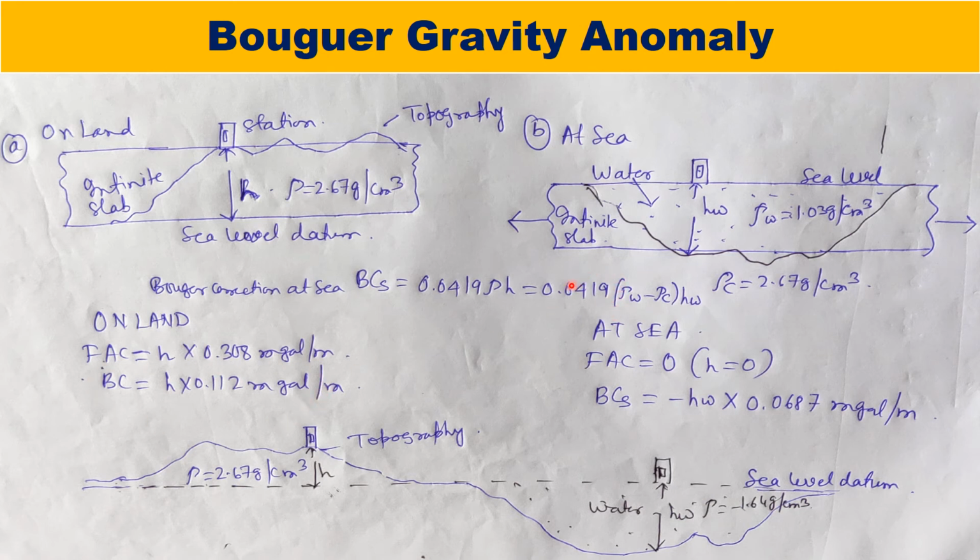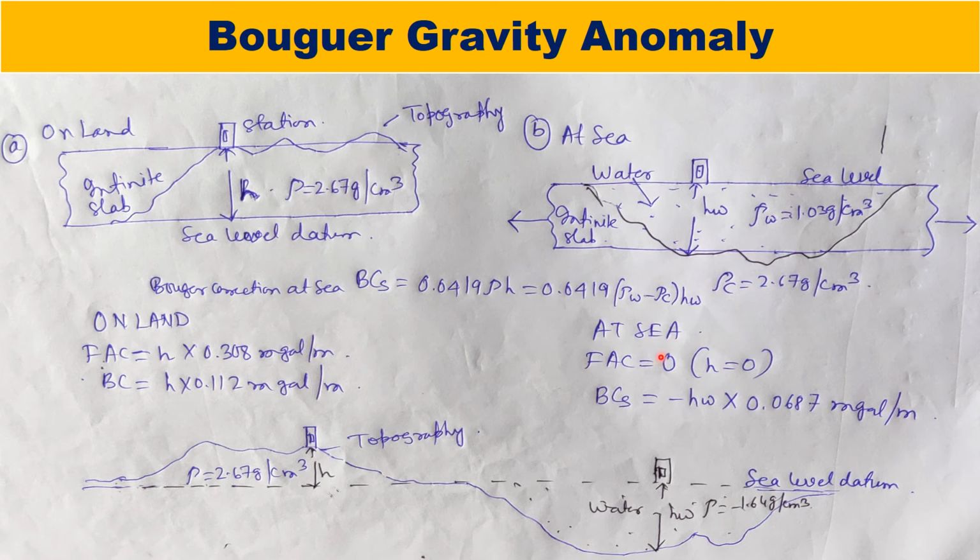At sea, the rho value has to be replaced with the density of the water and the density of the concrete. At sea the case is opposite, it is sea level and actually there is no concrete, so we have to assume a plane infinite slab with thickness equal to the height of the water bottom, that depth hw, where rho w is the density of the salt water and rho c is the density of the concrete.